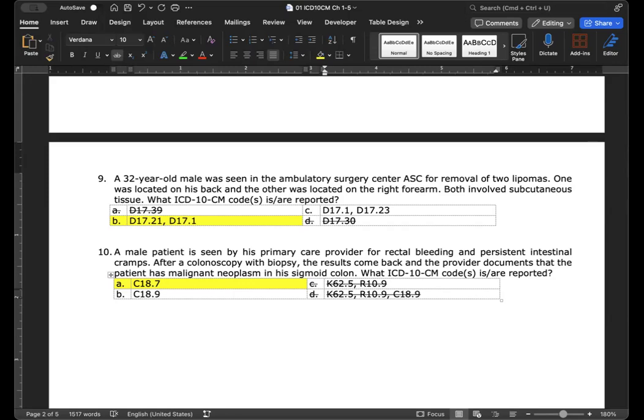If you have the AAPC version, in the beginning of your digestive system, chapter 11, there are some really good anatomic illustrations, pages 745 through 747, to help you keep track of which part of the colon is what.